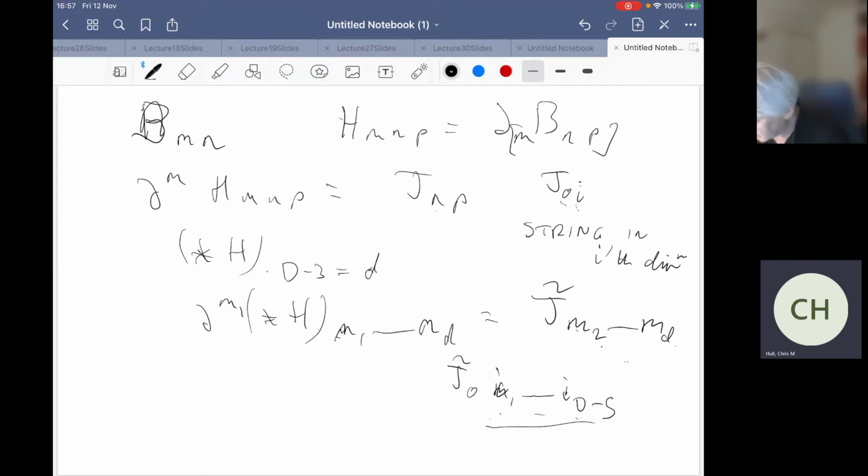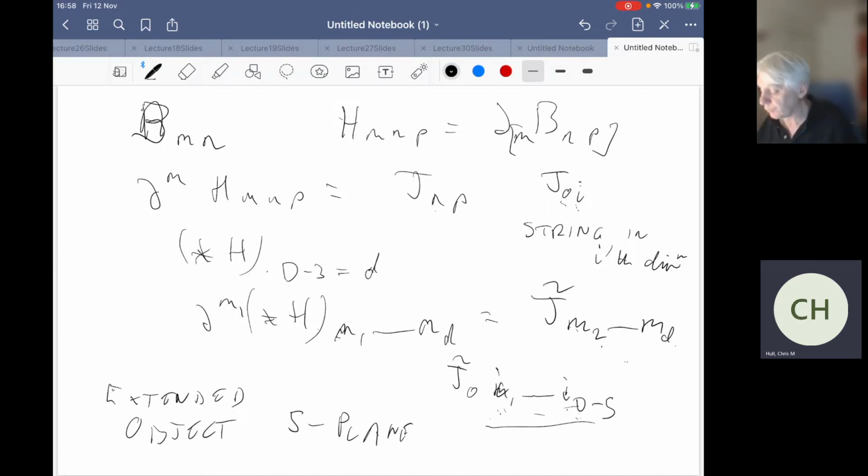So in 10 dimensions, this would have 5 indices, and this would be an extended object which was extended along a 5 plane along these directions.